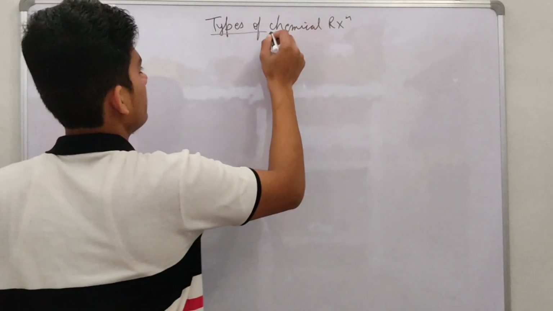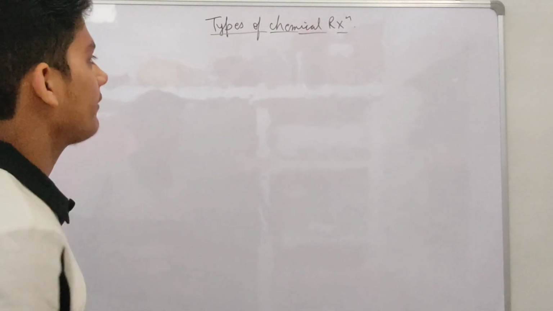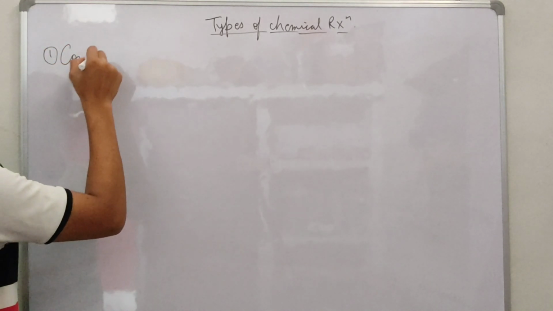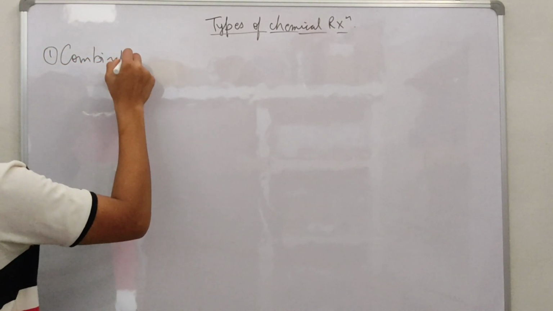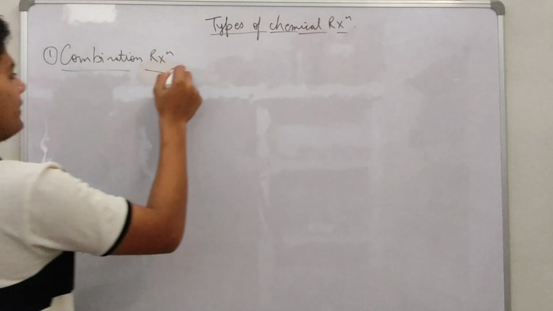We discussed in the previous video that there are mainly five types of chemical reaction. The first was combination reaction. What is the meaning of combination reaction?